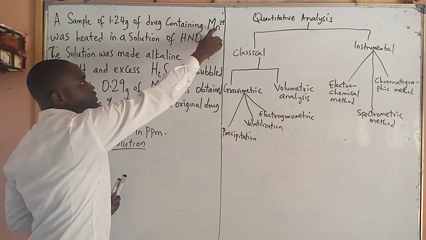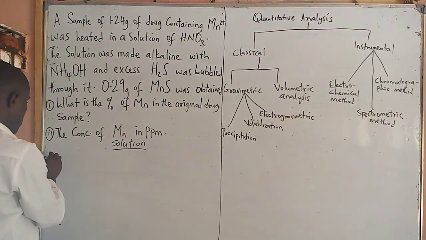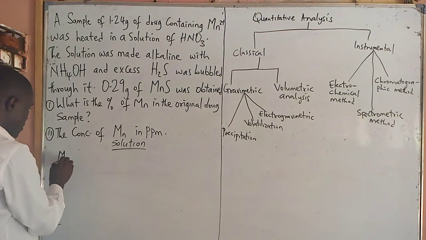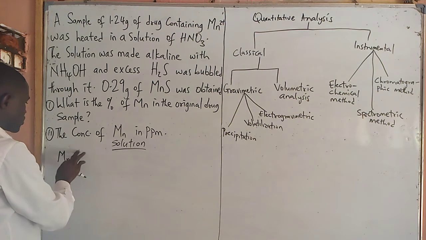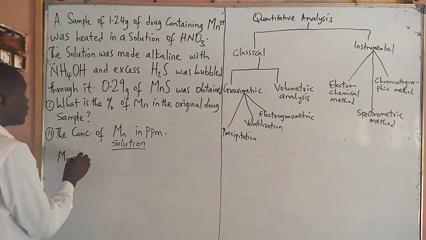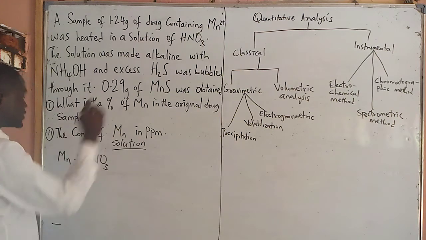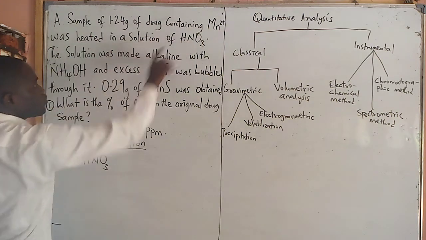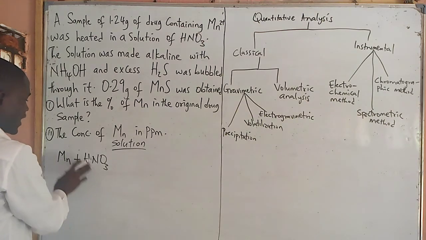Because of that, we will represent our equation as manganese plus nitric acid. It is the manganese in the drug that will react with this, because it is what has the intrinsic property to react with nitric acid.